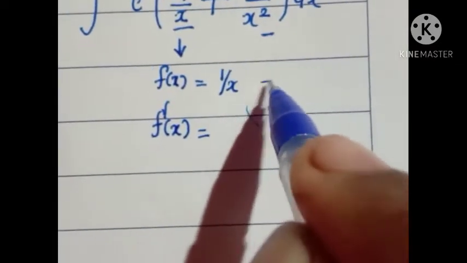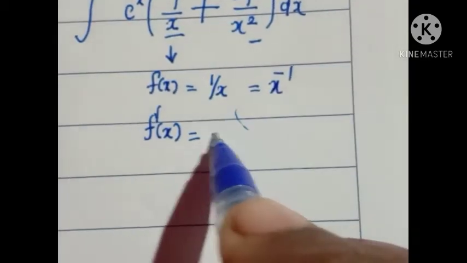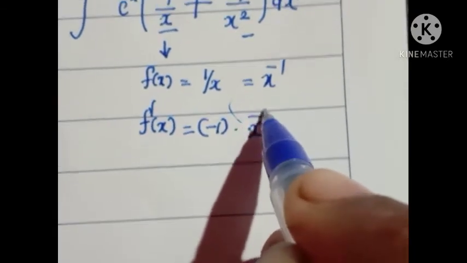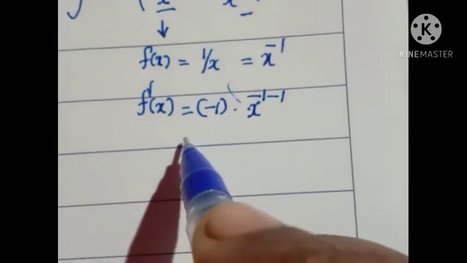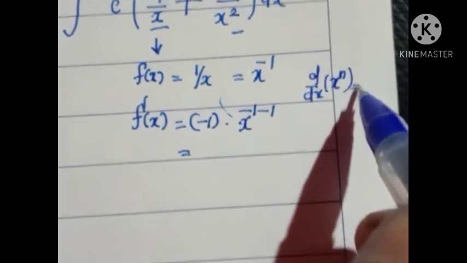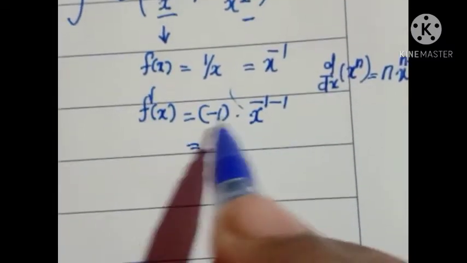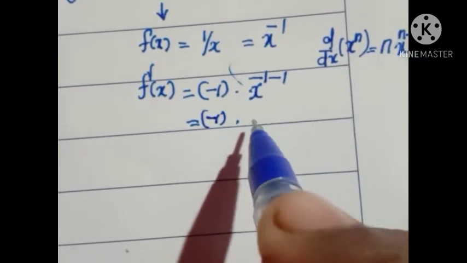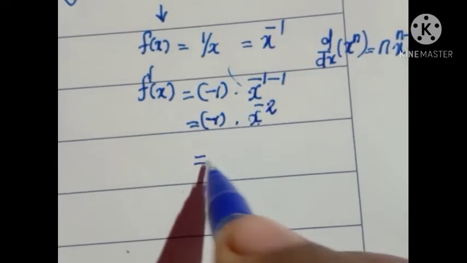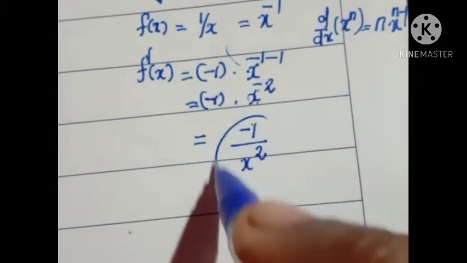1 by x can be written as x raised to minus 1. The derivative of x raised to n is n into x raised to n minus 1. So the derivative is minus 1 into x raised to minus 2, and x raised to minus 2 can be written as 1 by x square.